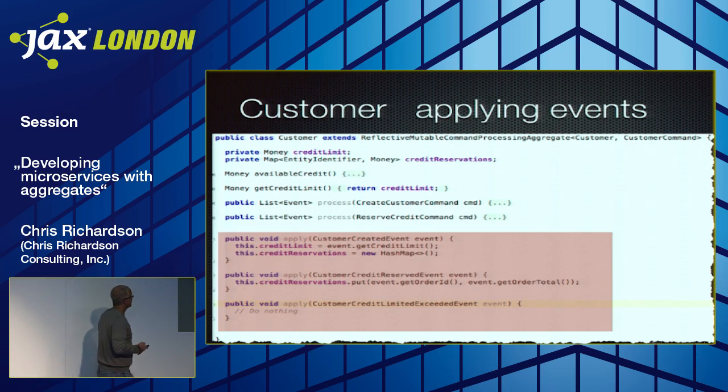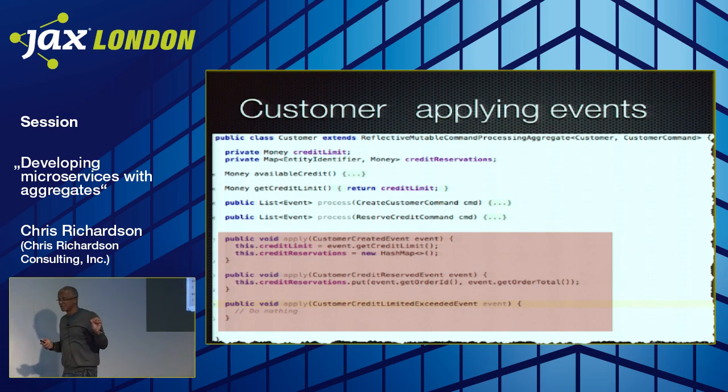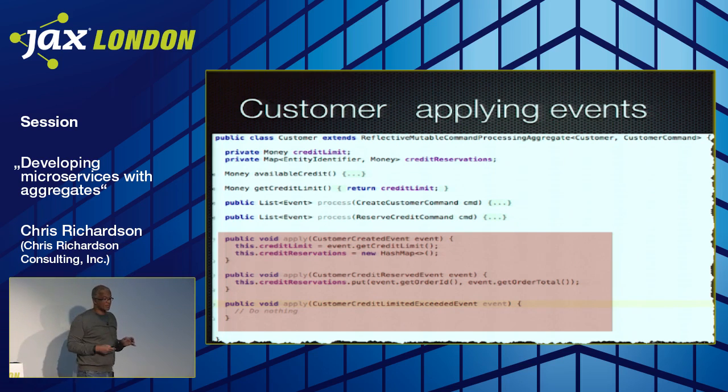And then the apply methods are really simple because they're representing what has already happened. They have no conditional logic, and they're simply updating the state in response to the event. In the case of customer credit reserved event, it's simply putting an entry into the hash map saying that this order has reserved this much credit.